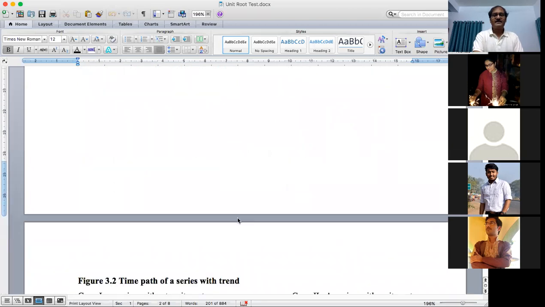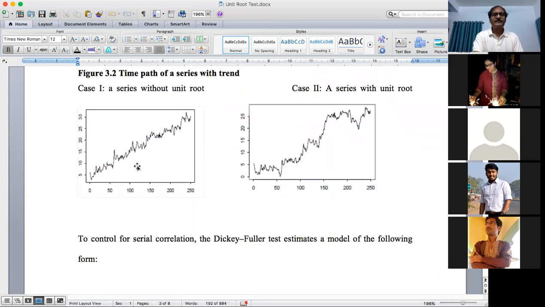But in the figures shown here, there is a possibility of trend behavior in the mean value as well as in the variance. If we look closely at the behavior shown on the left hand side and the behavior shown on the right hand side, on the right hand side the fluctuations are more irregular as compared to the left hand side.